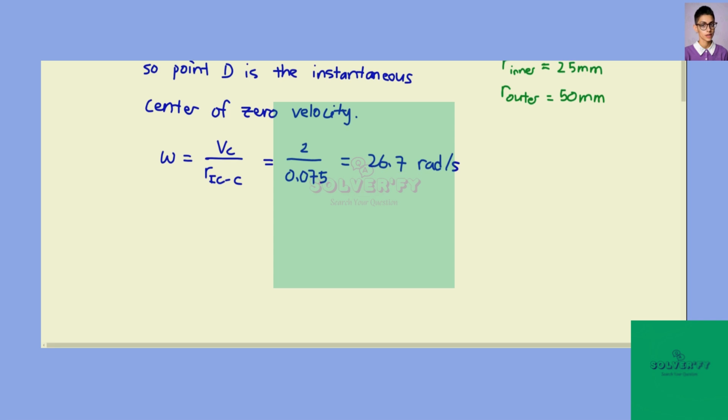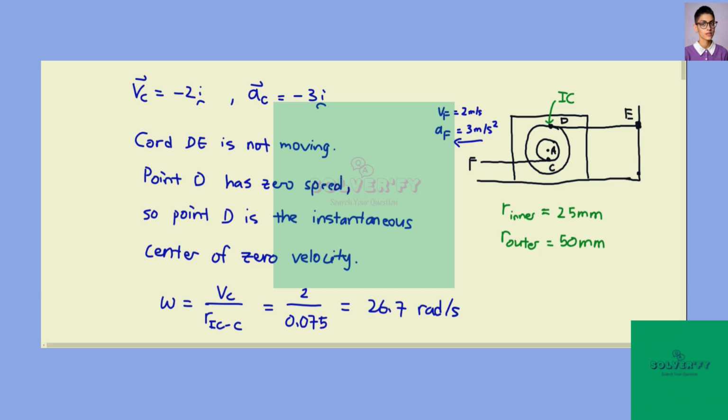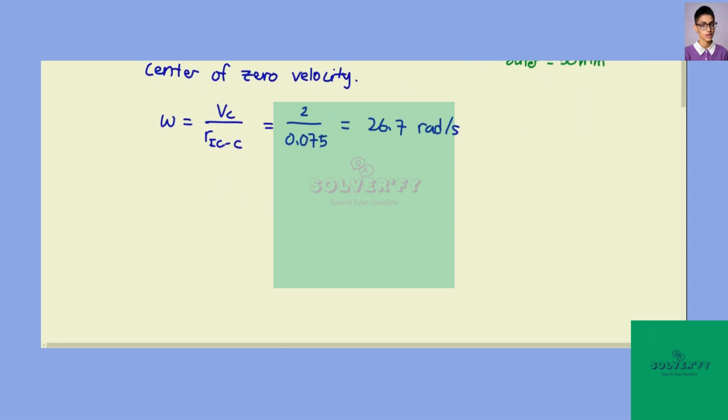Okay, and oh yes, AC is not exactly minus 3i, I forgot, because it has a centripetal component. But we know that VC is minus 2i. So AC is going to be minus 3i, that's the tangential component, and then the normal component will be r omega squared.